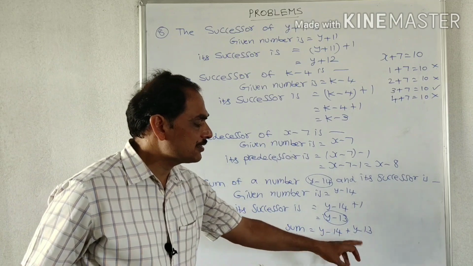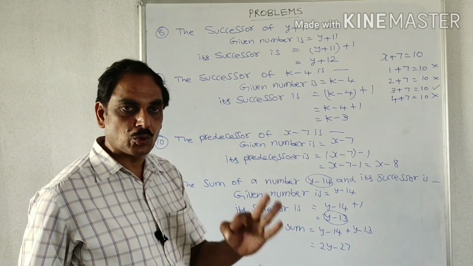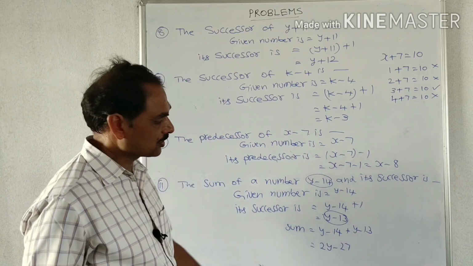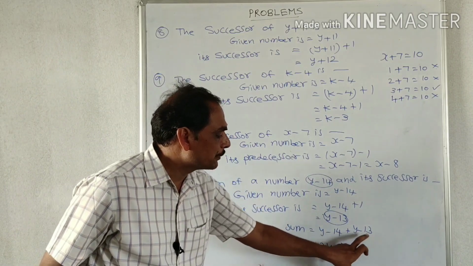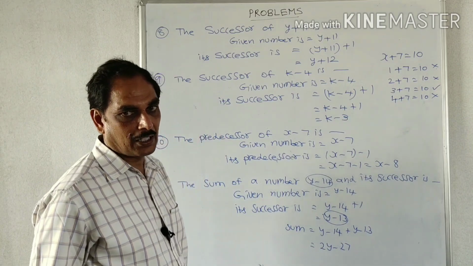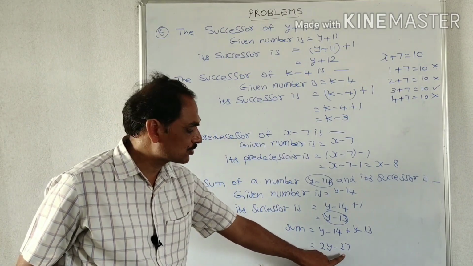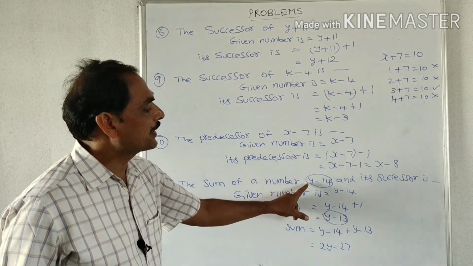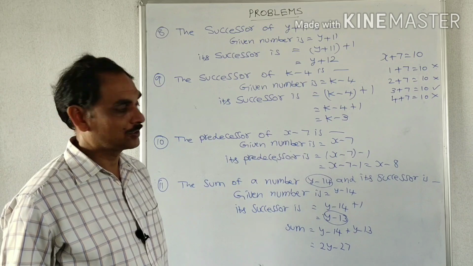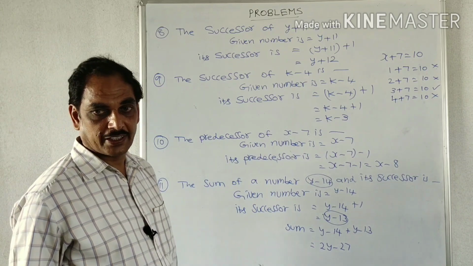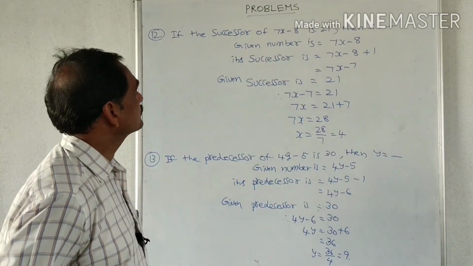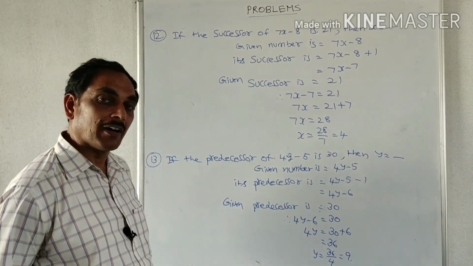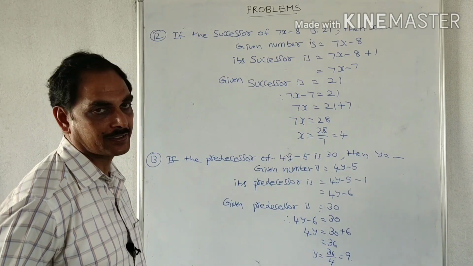So y plus y is 1y plus 1y, which is 2y, and minus 14 minus 13, both are negative symbols, so we add the numbers 14 and 13 and put the symbol which they have: minus 27. 2y minus 27 is the sum of a number and its successor. So next we go to the next problem.